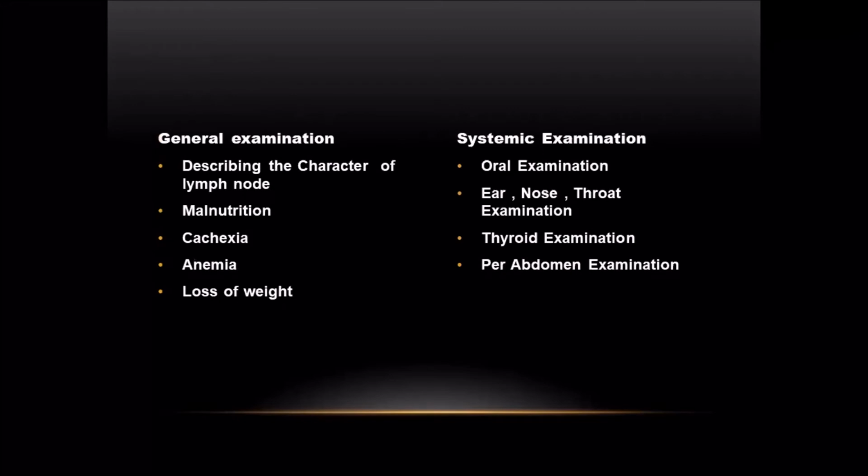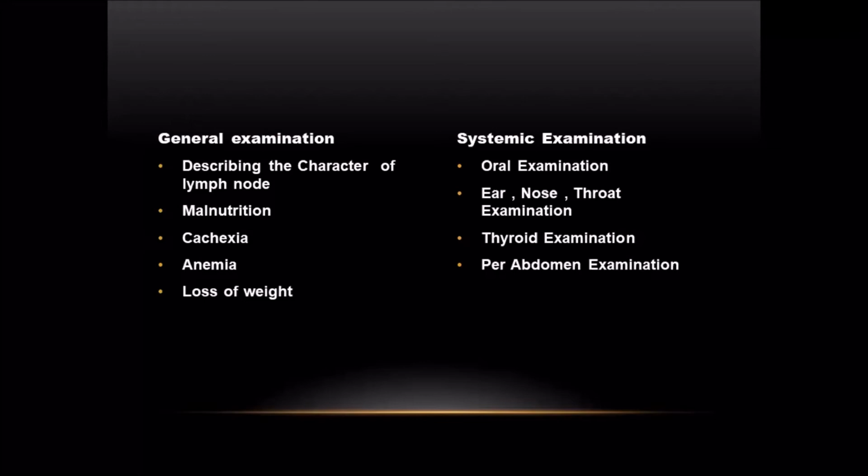In general examination, apart from the routine checkup, describing the characteristics of the lymph node is also necessary, which I'll be describing in the upcoming slide. One should also look for signs and symptoms such as malnutrition, cachexia, anemia, and loss of weight.